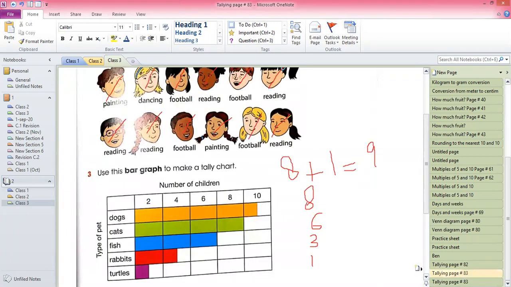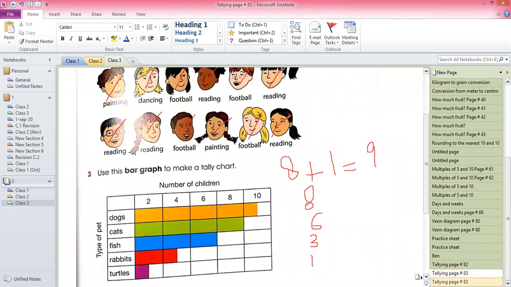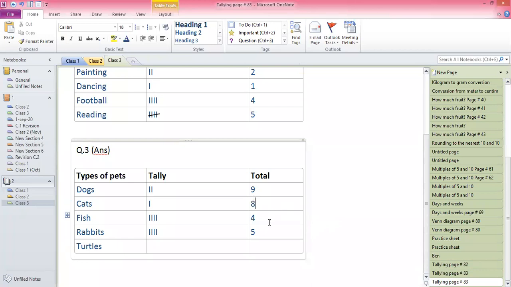And you know dogs are 9. So you will write here 9. 9, 8, 6, 3, 1. And you will mark the tally accordingly. Dogs are 9. 1, 2, 3, 4. After 4, there will be 5. Then 6, 7, 8, 9.